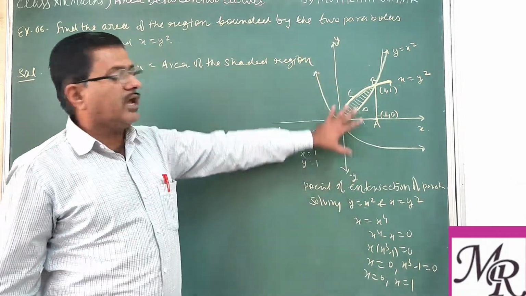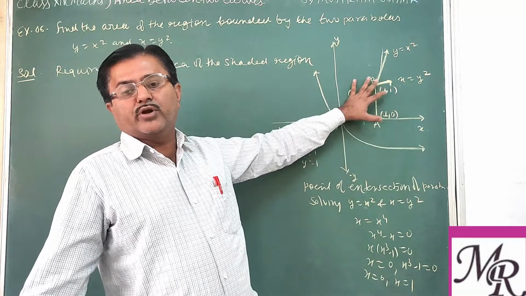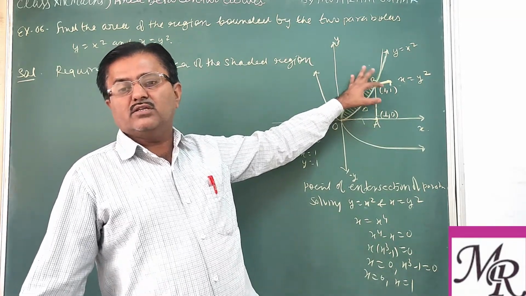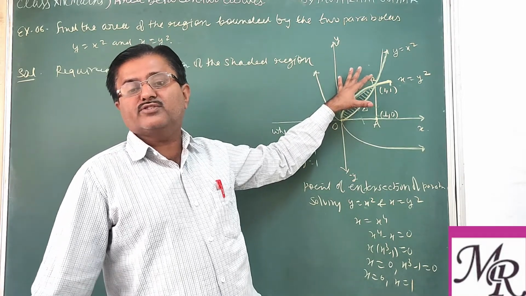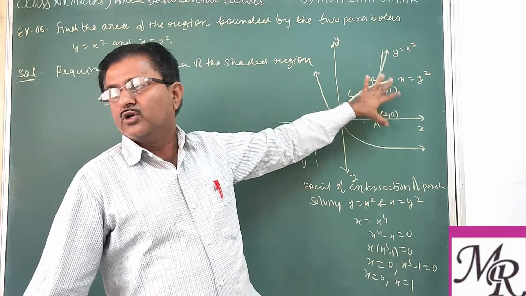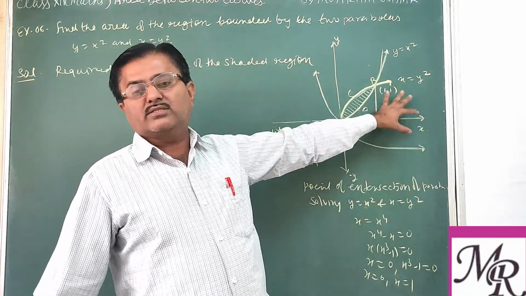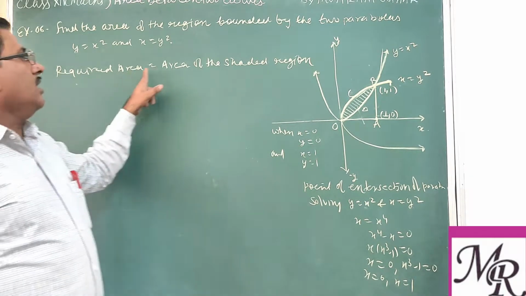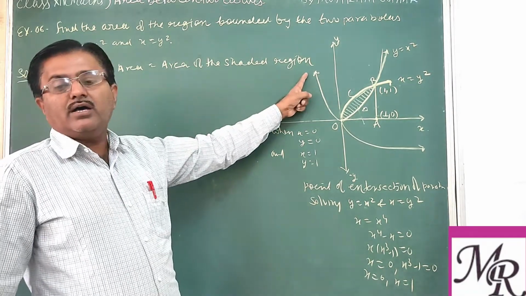So this figure and this calculation is also very important. This is worth 2 or 3 marks out of 6 marks. There may be a question in the board exam of 6 marks to find the area enclosed by the curve. So this portion is 2 or 3 marks. The remaining is also 3 marks.